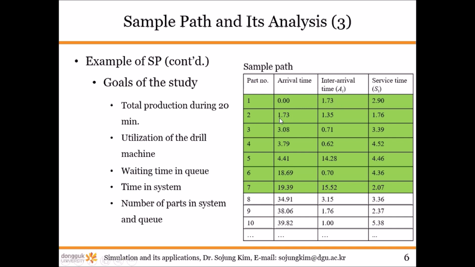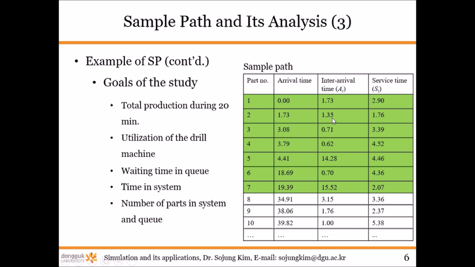That's why the arrival time of the second part is 1.73. Good. It will also stay at the server for 1.76 minutes. And then the interval time between part 2 and part 3 is 1.35.